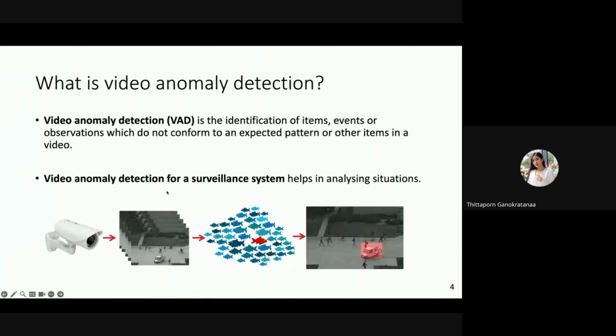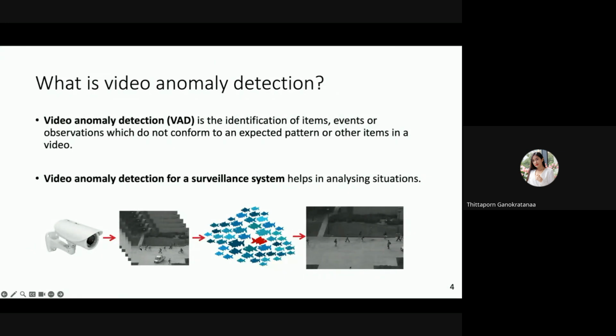What we would like to do in detecting abnormal events here, we usually implement with a surveillance system. We gather the data from CCTV cameras, and then we analyze the situations from those scenes. For example, you get the video frames from the CCTV cameras, and then you extract those frames. In this picture, which is from the UCSD dataset, the abnormal event in this scene is this vehicle.